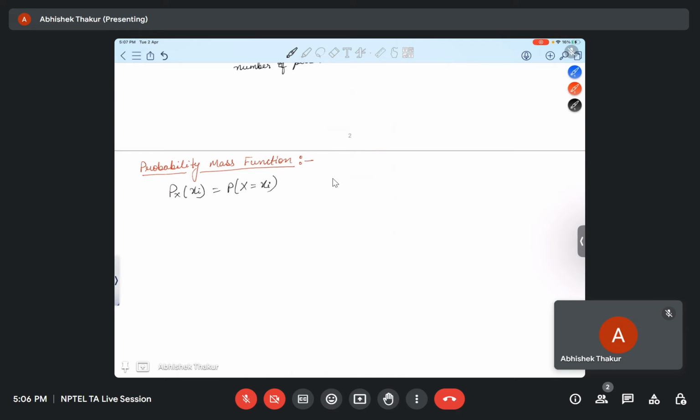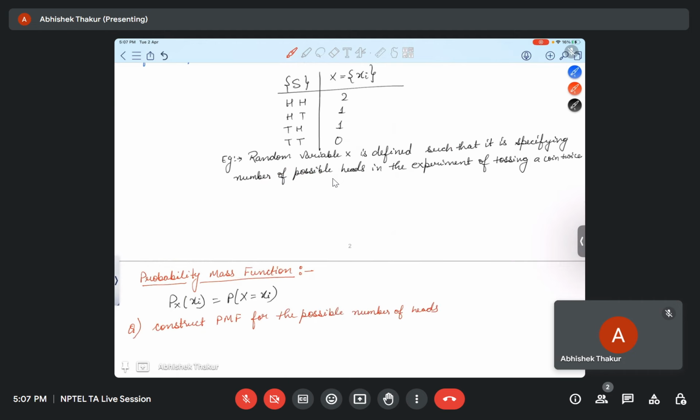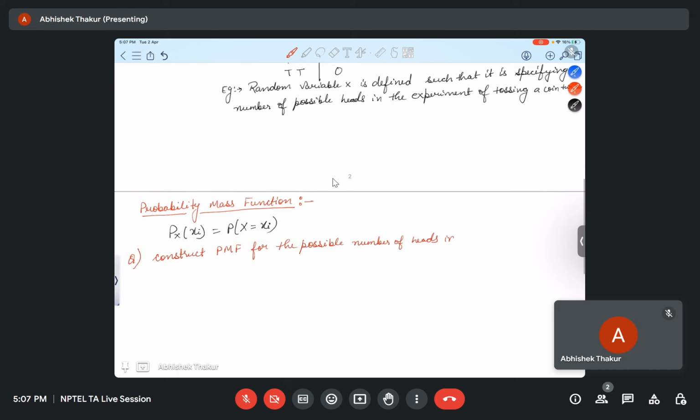Okay. So now let's take a question. Construct the probability mass function for the possible number of heads for the above example only, in the experiment of tossing a coin twice.